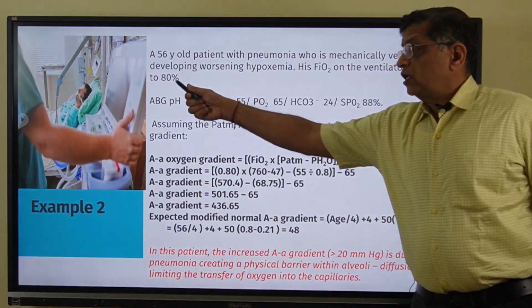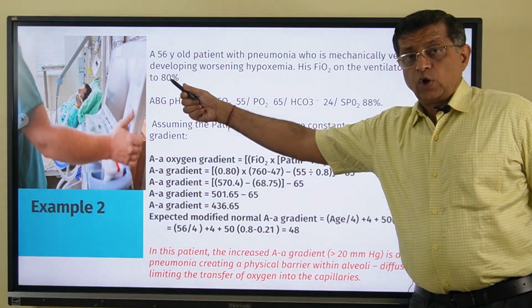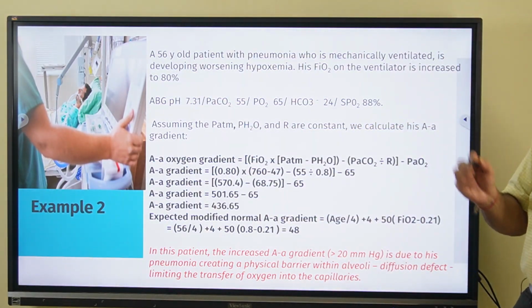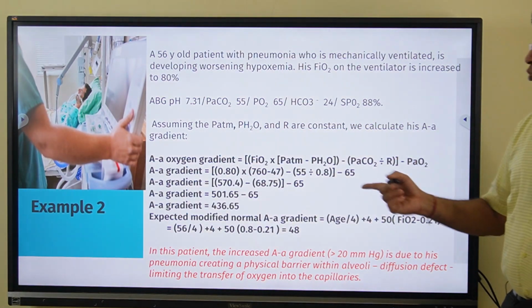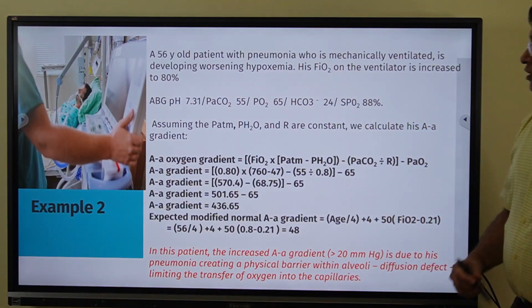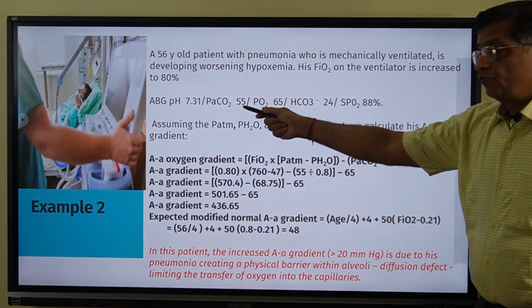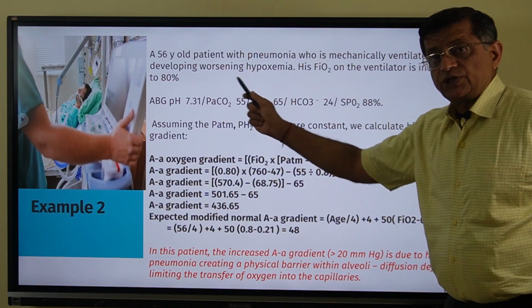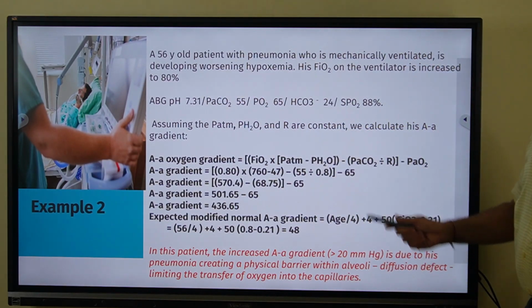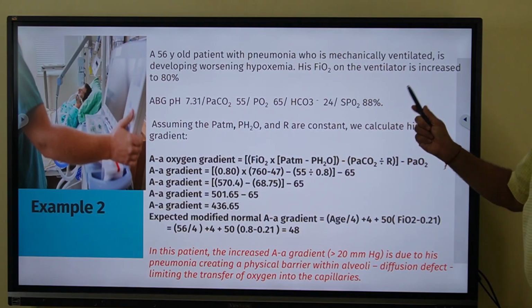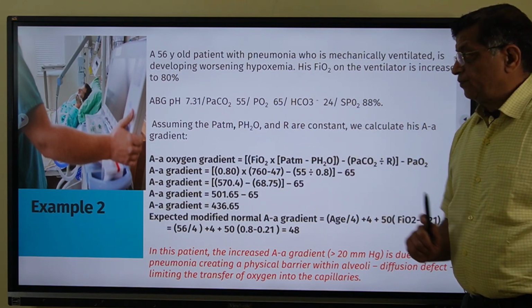Now because his FiO2 is 80% and not 0.21, we will have to change the alveolar gas equation to this FiO2. His ABG is given below, pH 7.31, PCO2 55. Again, this suggests that the patient has respiratory acidosis. His SpO2 is 88%, PO2 is 65.